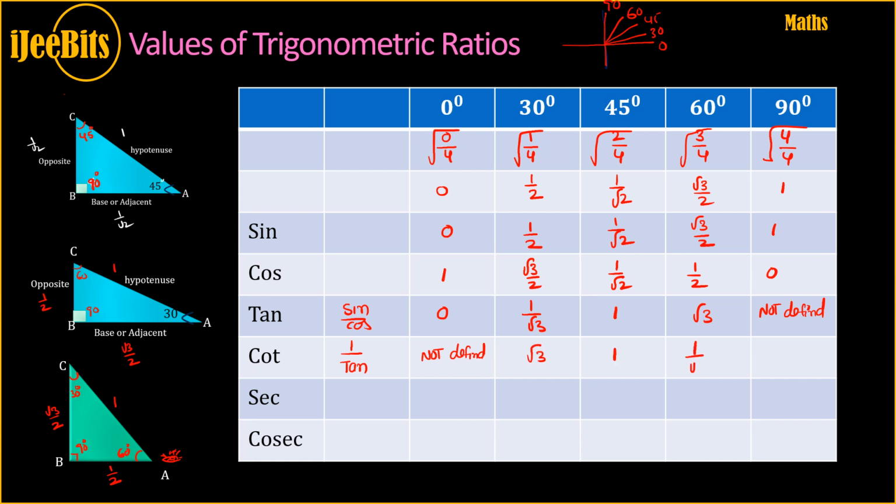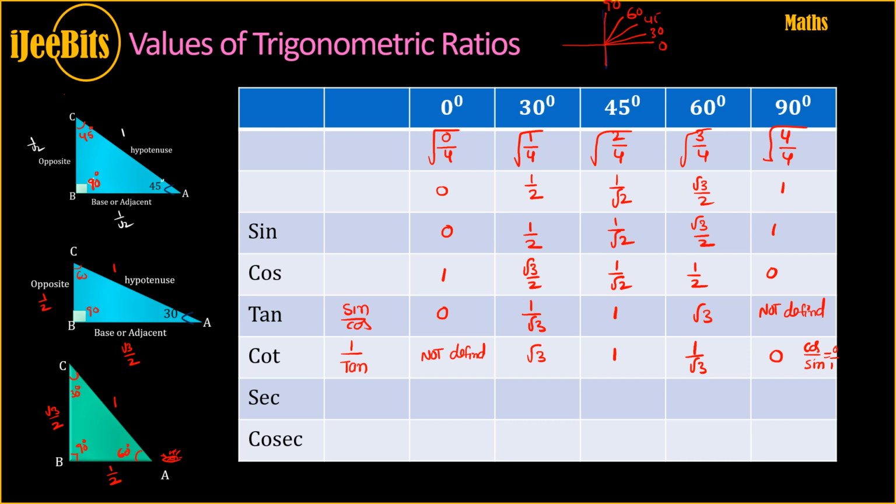This becomes 1 by root 3. What about this value? This would be 0 only, because 0 by 1 is 0. Cos by sine, 0 by 1, and hence this is 0.